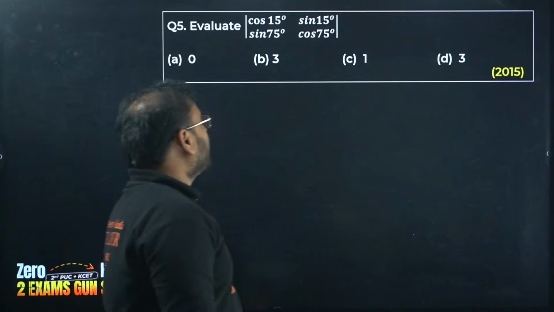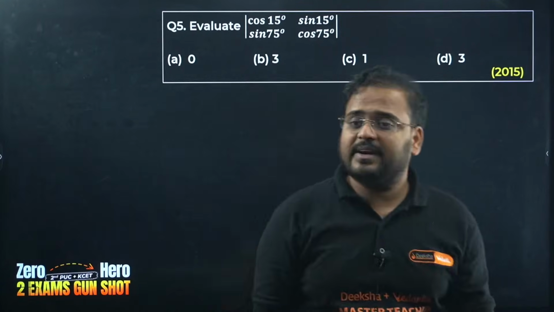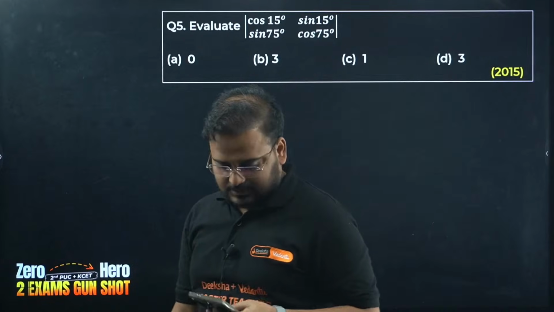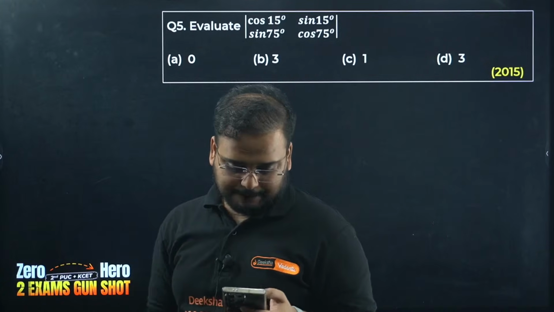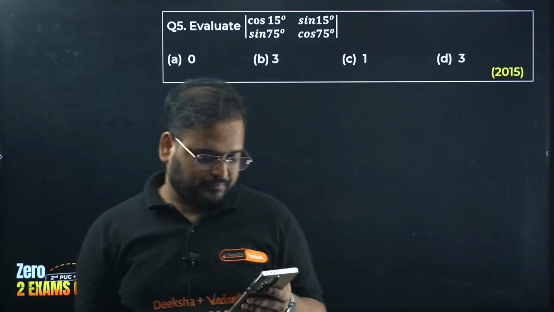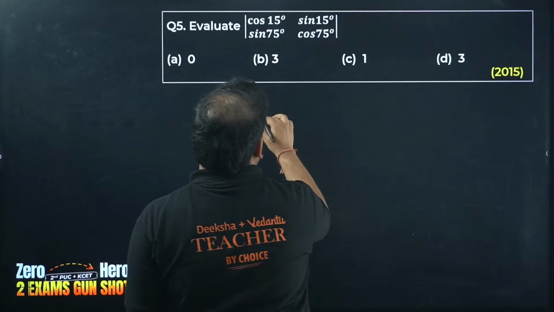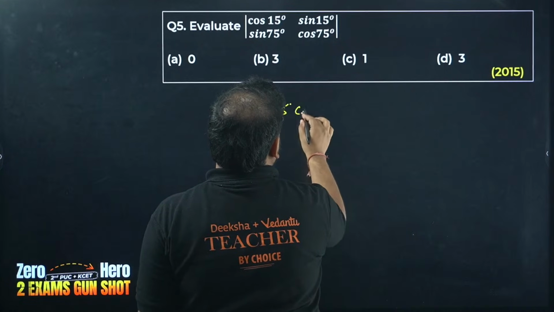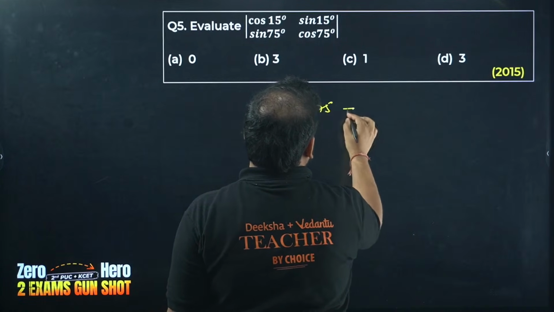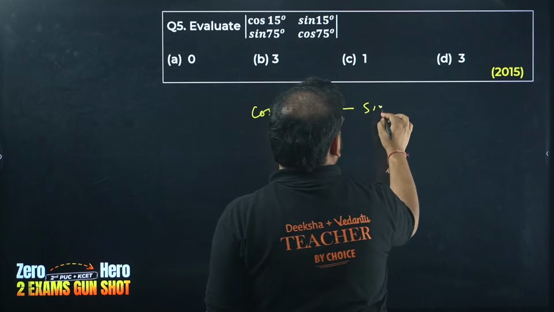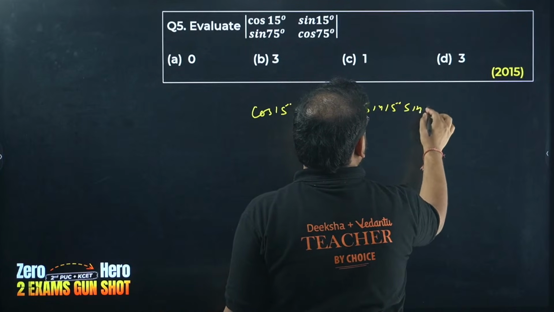Next, fifth one. Cos 15, cos 75. Answers, guys, in the live chat, please. Yes. So we have cos 15, cos 75. If you take the product, it will become cos 15 degrees and cos 75 degrees minus sine 15 degrees and sine 75 degrees.